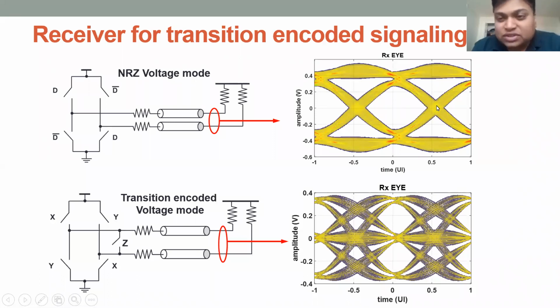When I have consecutive ones and zeros, what is going to happen is that I'm going to lose that edge information, so I would not know where to sample, right? So most of these links are source synchronous, meaning that I have a clock that comes out from the transmitter. It's a clock-forwarded link. In these links, most of the variations happen together.